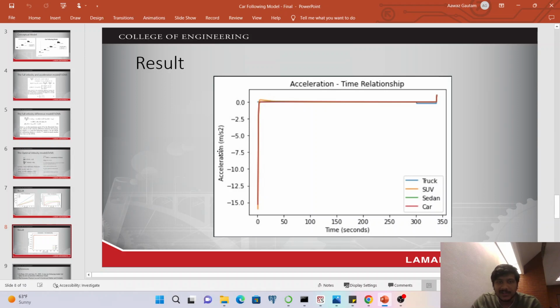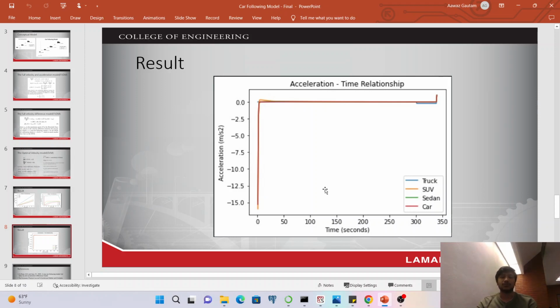This is the acceleration versus time graph, where we can see the acceleration of the truck, SUV, sedan, and car at time 0.